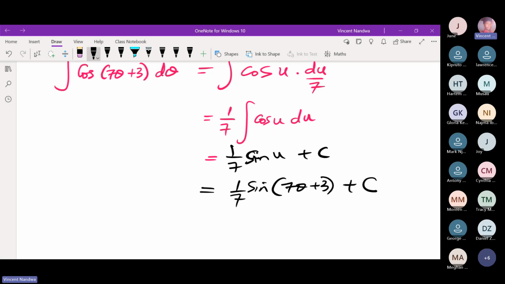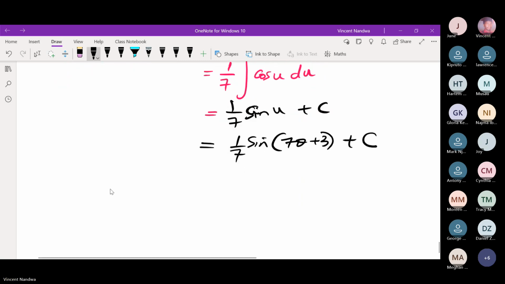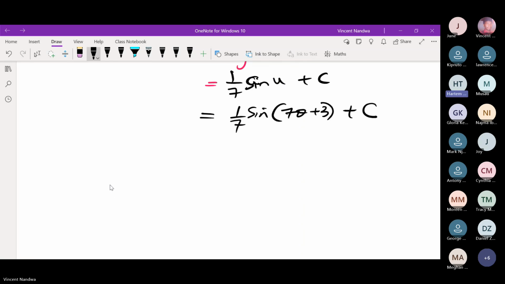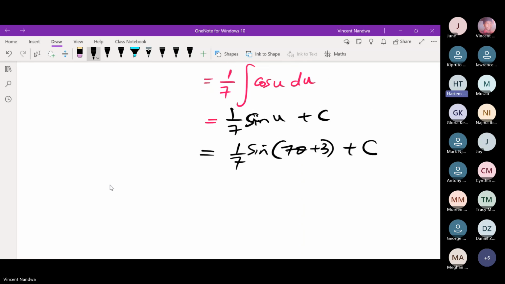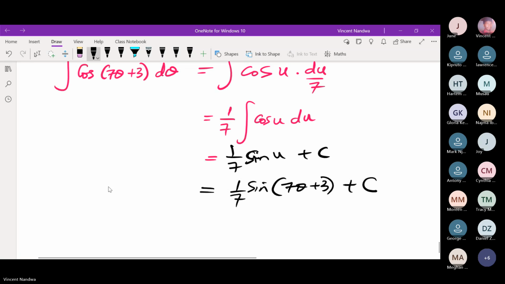So they are opposites the way you are dealing with integration and differentiation. Because when we differentiate sine, we get cos. Because remember, once you write the integral of cos u du, it's the same thing as asking you, can you find the function whose derivative is this cos u? And that function is sine u.